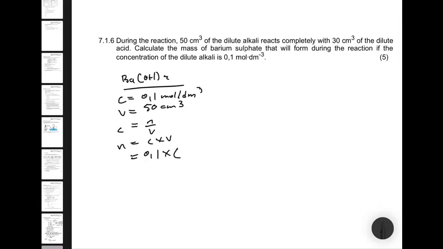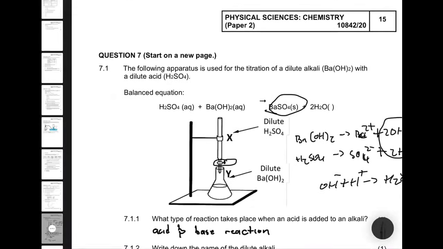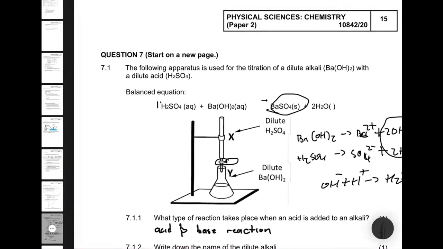So here we're going to have 50 divided by 1,000. So we basically have 5 divided by 1,000, which will be close to 0.005 moles, right?